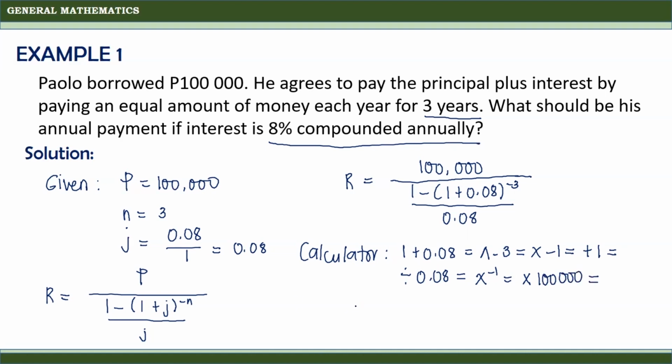Finally, you will see that the calculator will show you the value 38,803.35. Therefore, Paulo should pay 38,803.35 pesos annually for 3 years to pay the money that he borrowed.